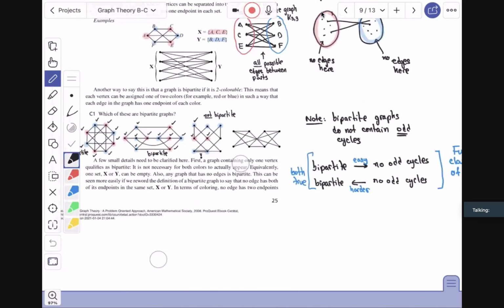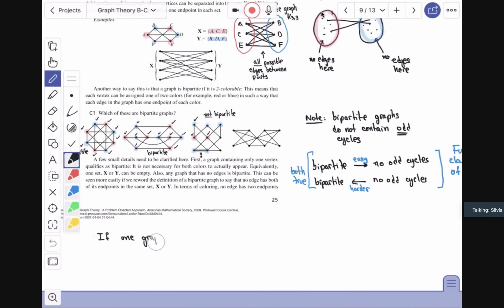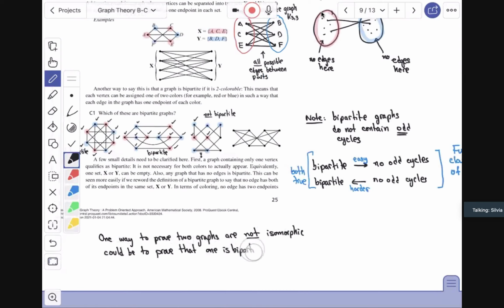So one way to prove two graphs are not isomorphic could be to prove that one is bipartite and the other is not.